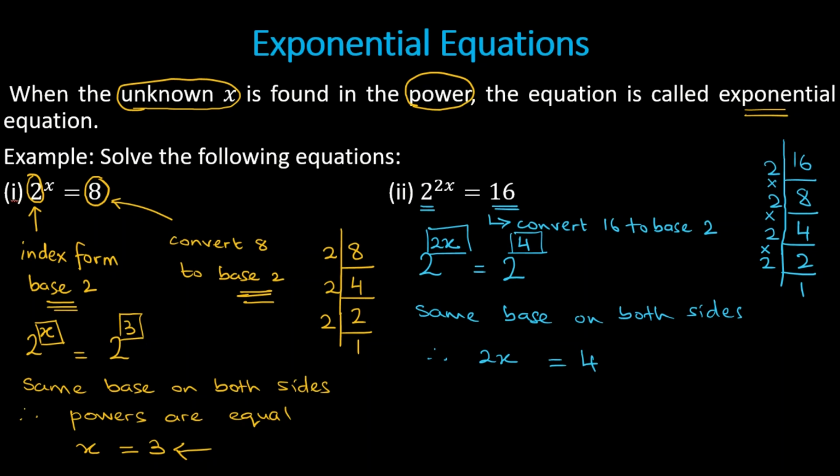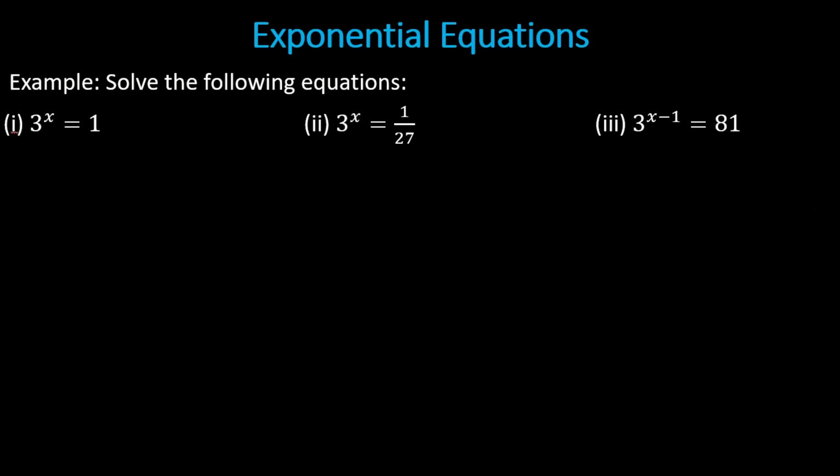And we need to solve this now. What is x? You send the 2 on the right hand side, it becomes division by 2, 4 divided by 2. So x is simply 2. Right? So this is how we solve exponential equations in mathematics. Right? Let us carry on with another example.